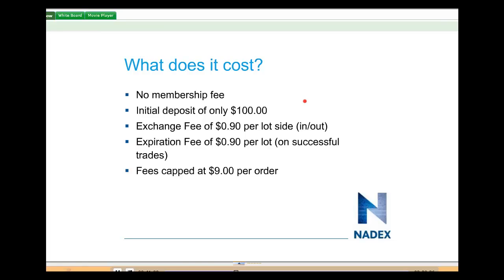Let's see. Can't speak for Nadex. No, there are never any margin calls on Nadex. So no, credit history is not an issue because they are all limited risk. And that's one of the things. Anytime you put money in though, make sure it's speculative money. It's risk capital, nothing else.